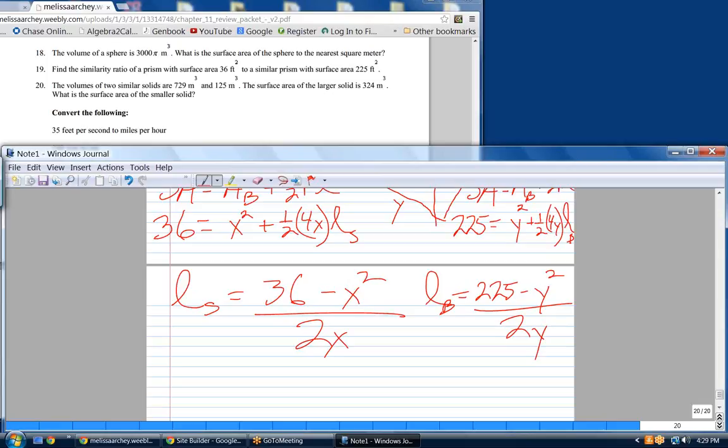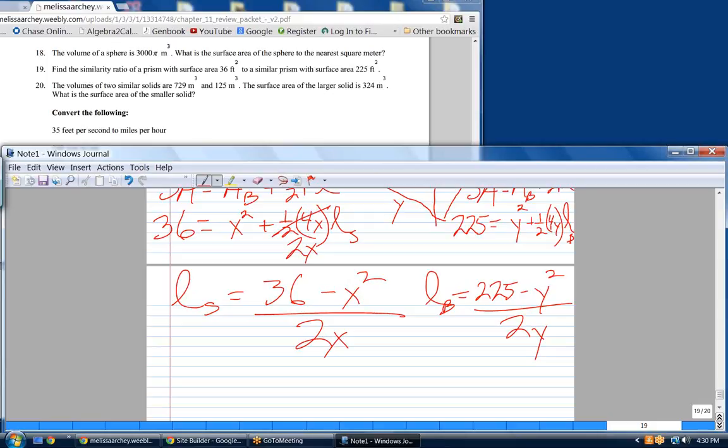In the equation you have half times, in parentheses, 4x, so I just reduced that to 2x. This becomes 2y. So when I divided by my coefficient, it was 2y over here, and 2x over here.